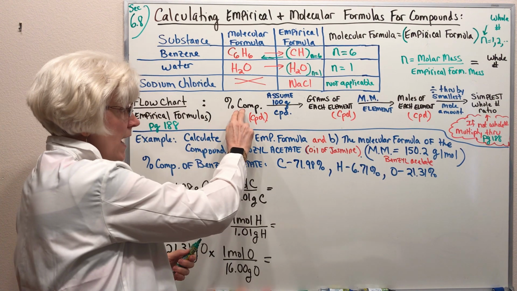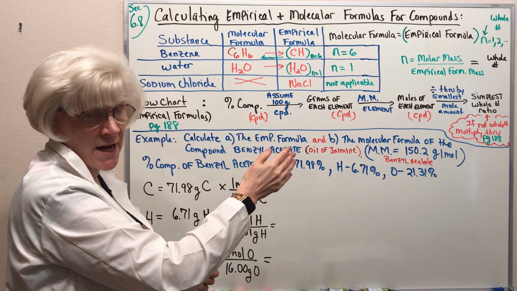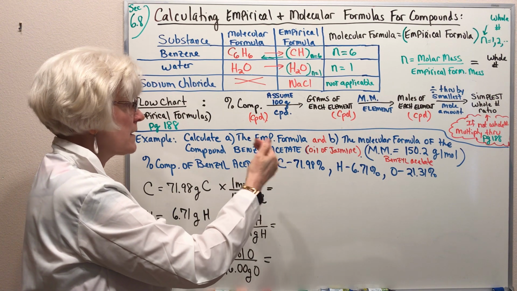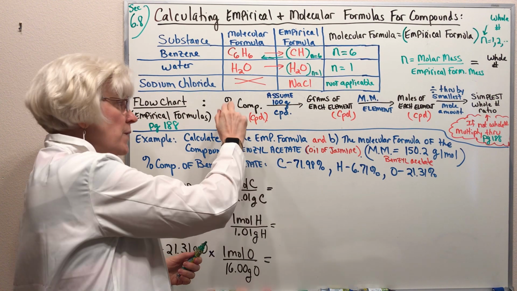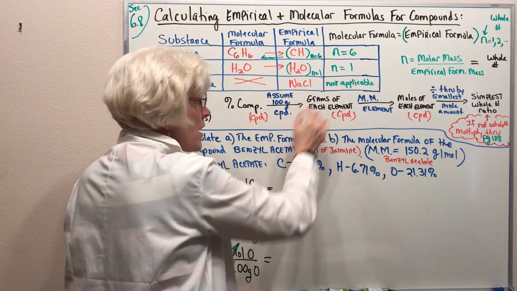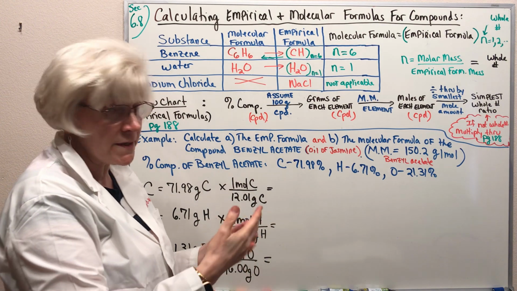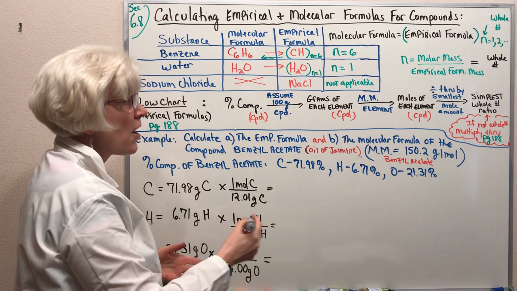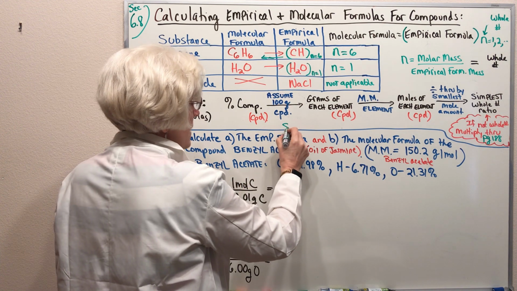You either need to have percent composition data. What is the percent by mass of each element in the compound? Or you have to be told what the experimentally determined masses of each element are in a sample of the compound.